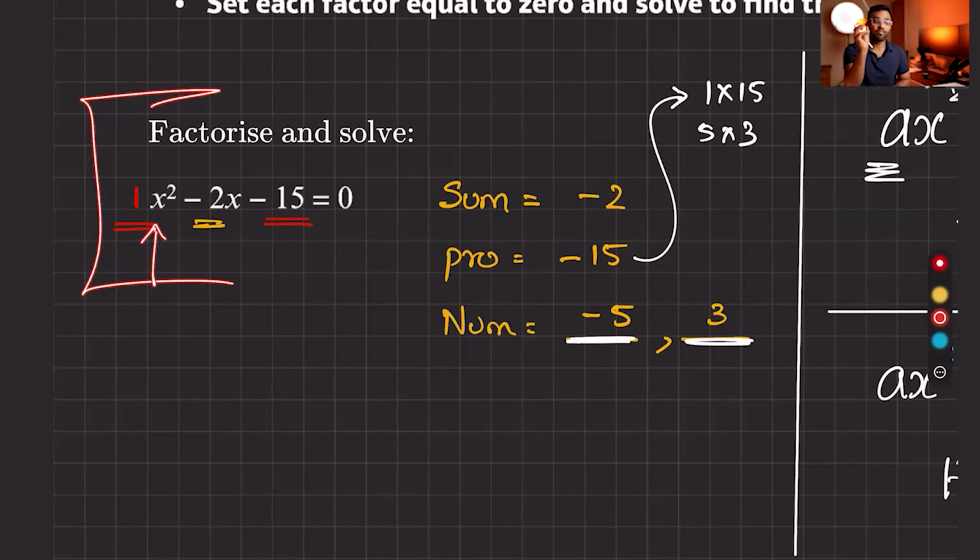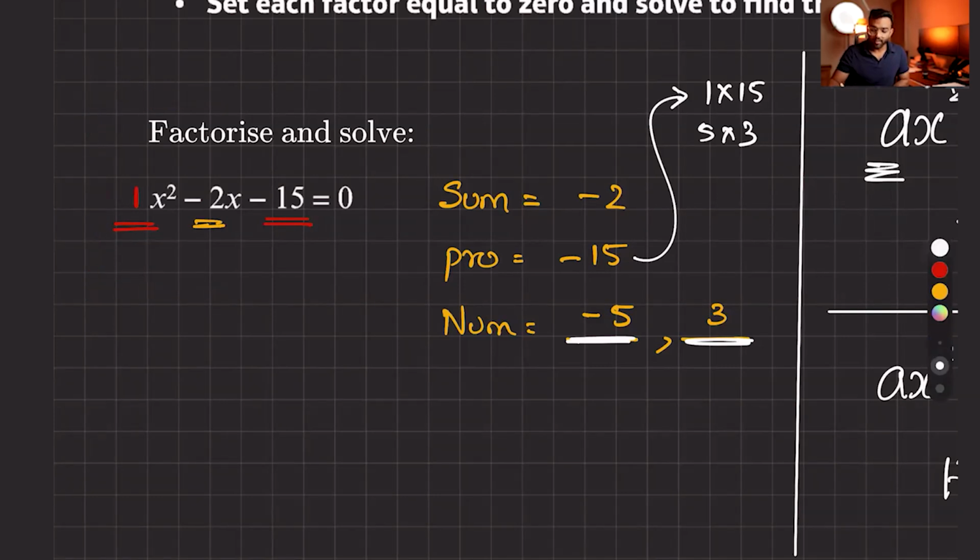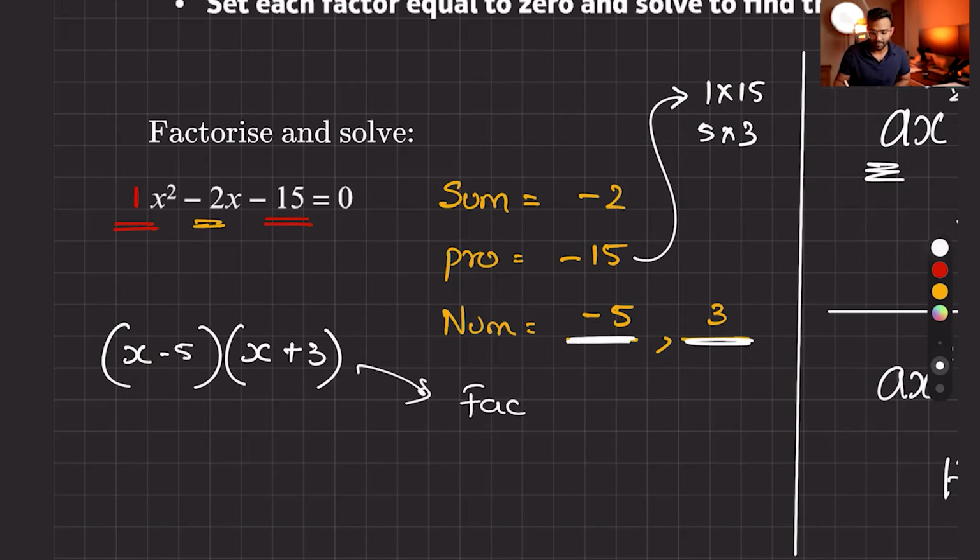The number in front of x squared is 1. That's why it's in the category of simple. If you get these two numbers, then you can blindly put x minus 5, x plus 3 into the brackets. These are your factors.